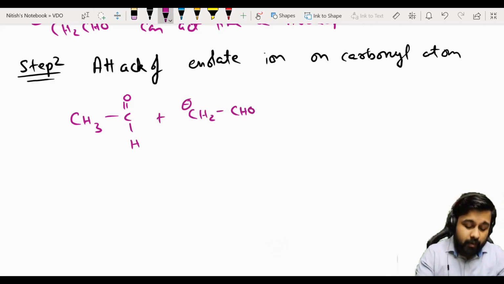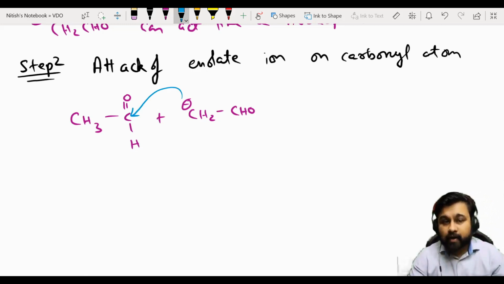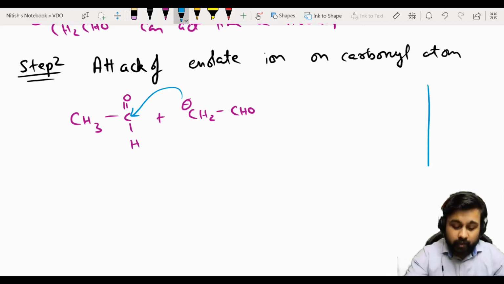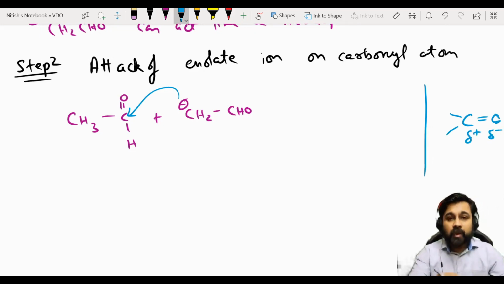This enolate ion attacks the carbonyl carbon. Why does it attack the carbonyl carbon? Because this carbonyl carbon is electron deficient. In the earlier lecture we discussed that the carbonyl carbon is electron deficient due to the presence of oxygen, which pulls electrons away from it. Because of that polar bond nature, carbon is electron deficient and prone to attack by nucleophiles, which are electron rich. So electron rich nucleophiles will attack the electron deficient carbon of this aldehyde.